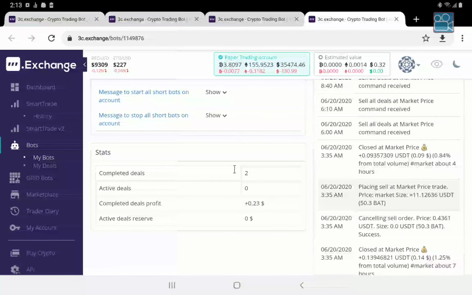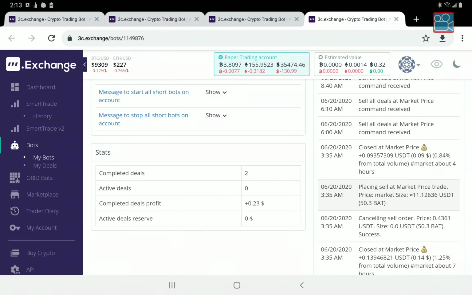It's only completed 2 deals though. So, price action wise, version 1 so far looks to be the leader. But again, we're going to let this run, see how well it does, and get the bigger picture.